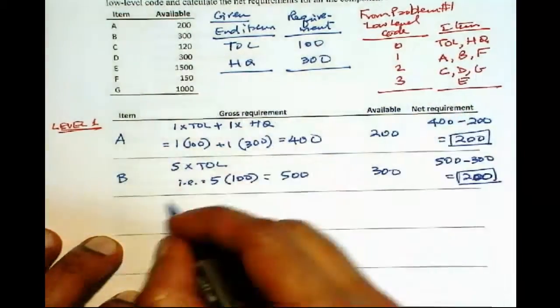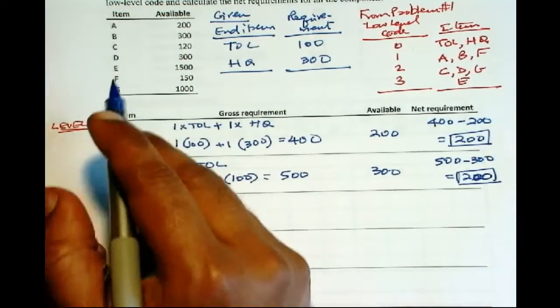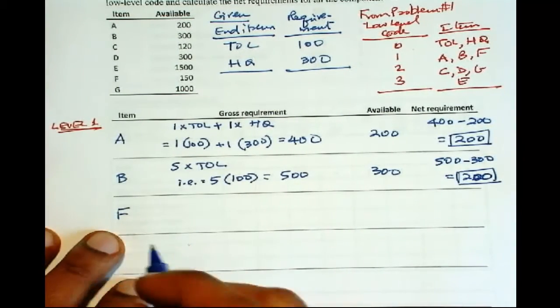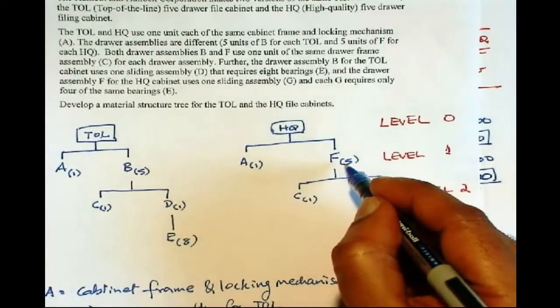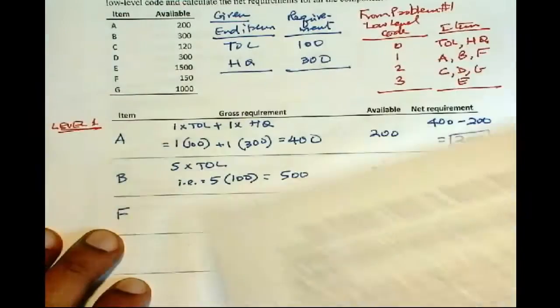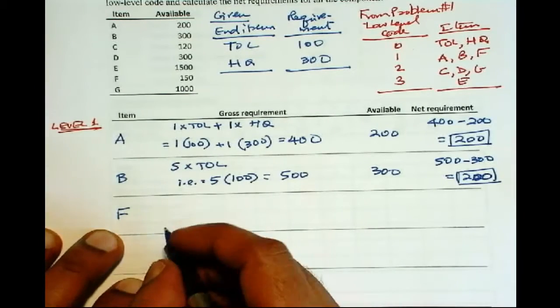And next is F. Okay, not in alphabetical order. Don't do C here. Okay, next is F. Now F is 5 units of F for each HQ.